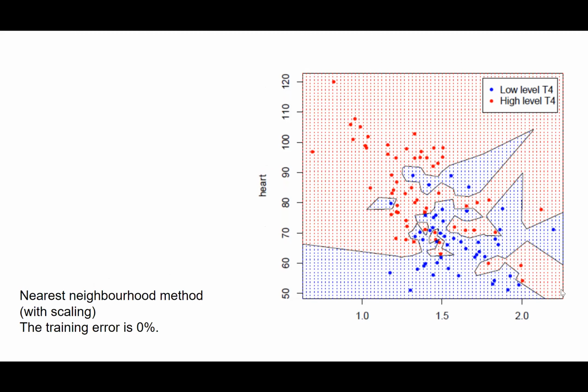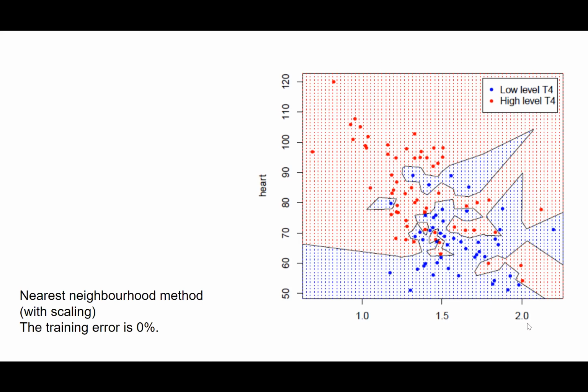Here we have used the nearest neighbor method. And here the training error is 0. What is the nearest neighbor method? It is rather simple.